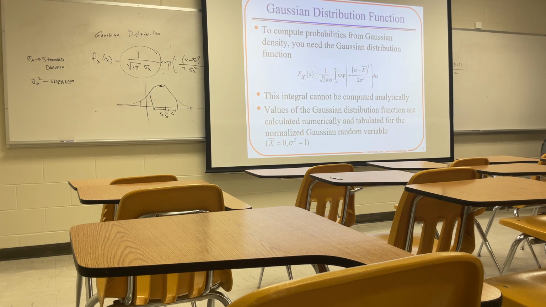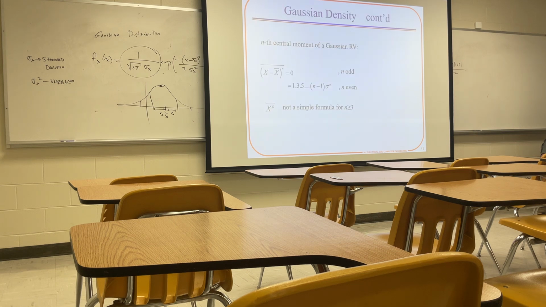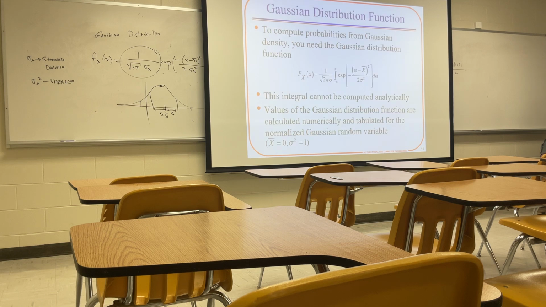So the 6th central moment would be 5 here, sorry. And it just equals sigma to the n power. Now sigma is the standard deviation. And then of course for n, the mean squared value is not a simple formula.